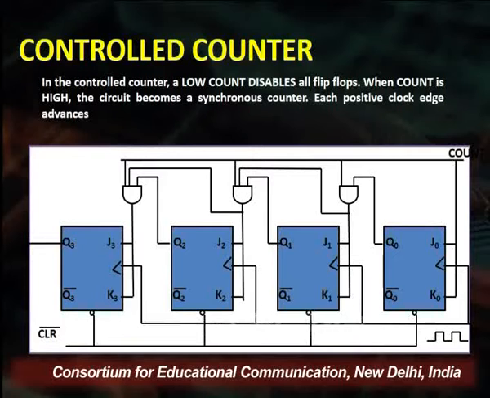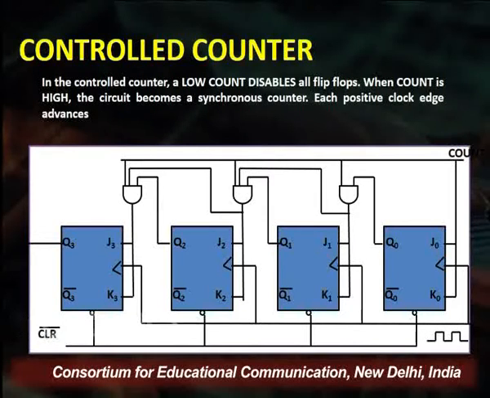At the first clock pulse, when J0, K0 is high, we will have Q0 changing its value to 1. However, its output is connected to the AND gate, and that AND gate still gives a value of 0. Hence, after the first clock pulse, we get the output Q3, Q2, Q1, Q0 as 0, 0, 0, 1.